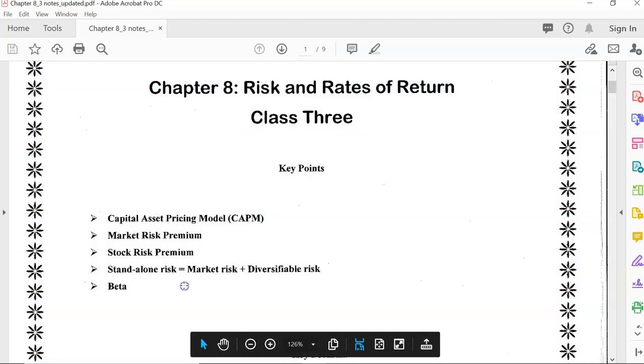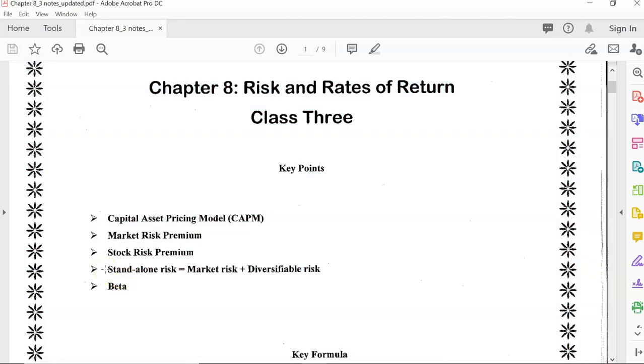We've already discussed at the end of chapter 8 class 2 that standalone risk equals market risk, which cannot be diversified away no matter how many stocks are in the portfolio, plus diversifiable risk, which is the part of the standalone or total risk that can be diversified away if we add enough stocks in the portfolio. So the new concepts here would be market risk premium, stock risk premium, and beta.